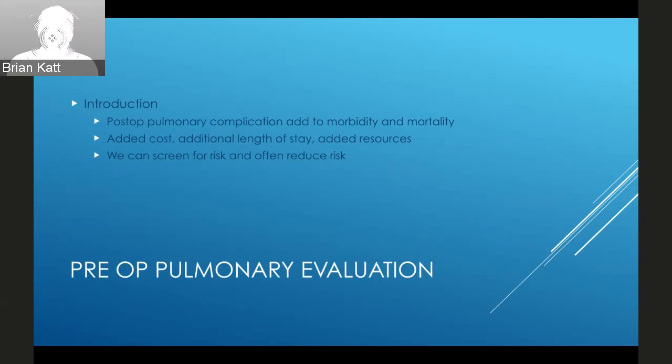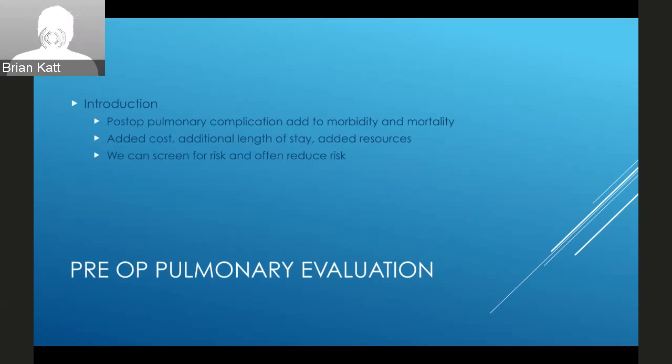By way of introduction, the purpose of this talk is to identify some of the postoperative pulmonary complications that we might expect or anticipate, because they can add to not only mortality or death, but they can add to time in the hospital, discomfort for the patient, dissatisfaction for the patient, and increased resource use.